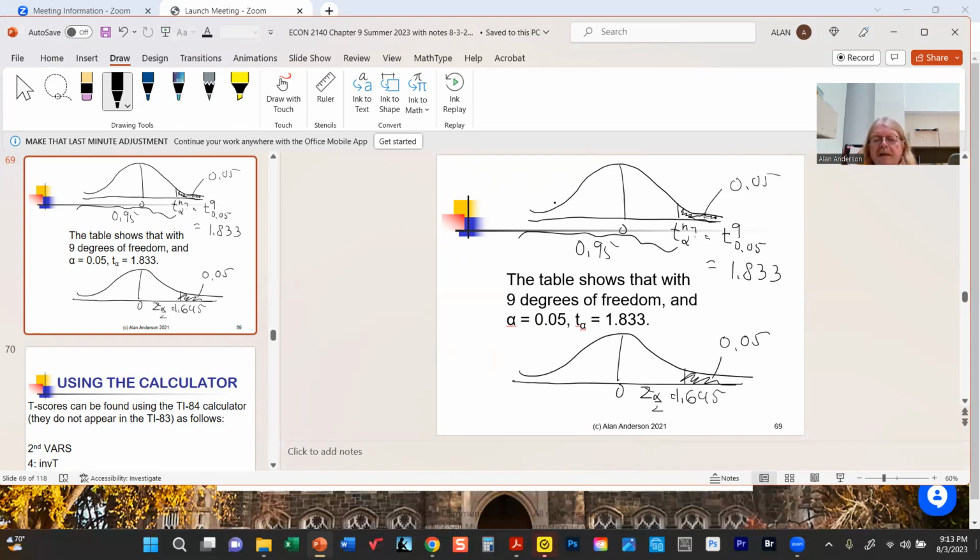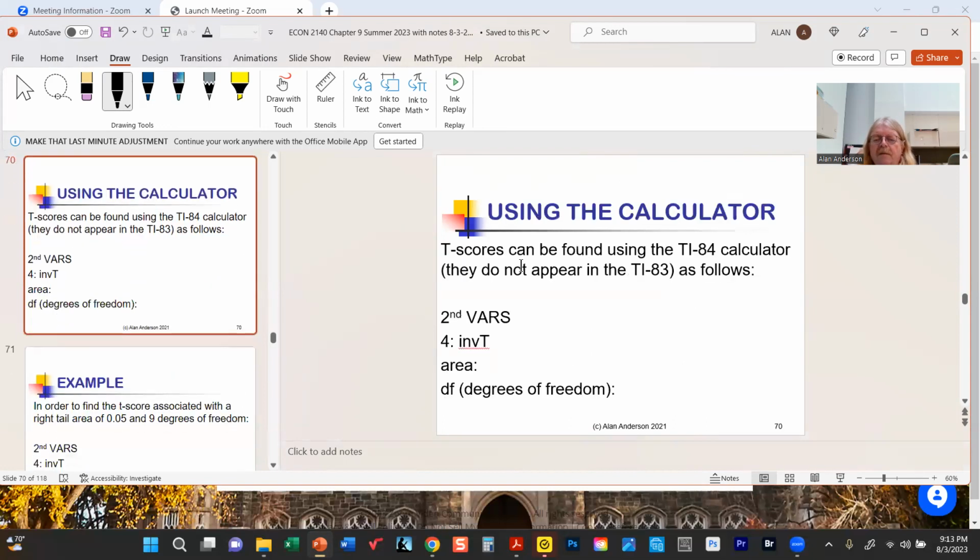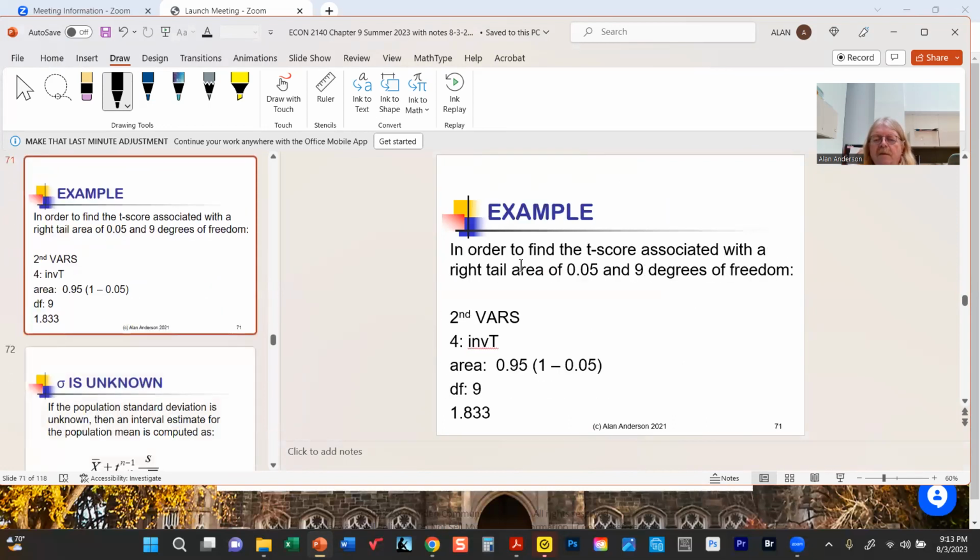And so if you type that in, what you're seeing here, you will get the 1.833. Okay. Now, I noticed that here you don't seem to get the option of turning this into a right tail. So you should always be ready to do the left tail area. That is much more normal.